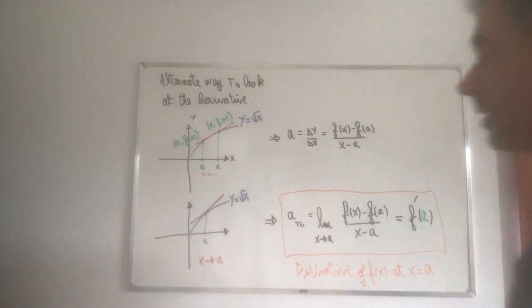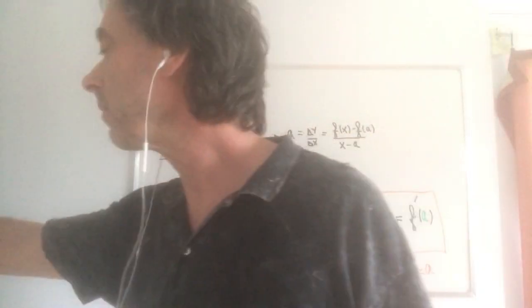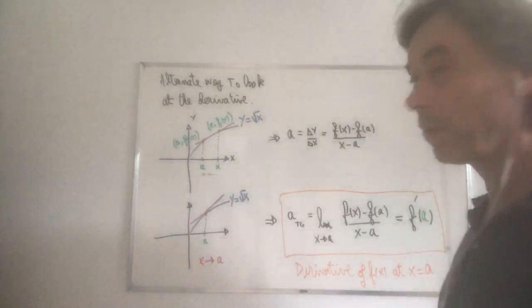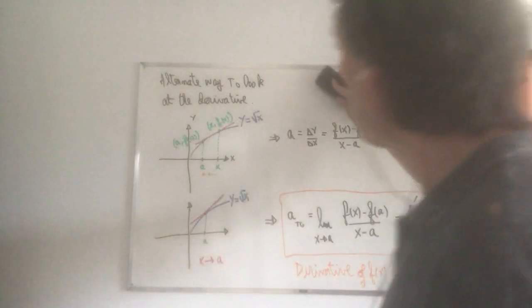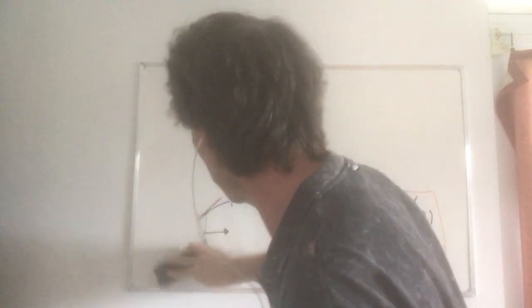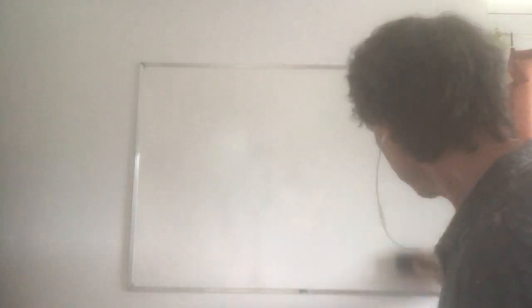Good. Let's show an example of how this formula works. But first we have to clear that very small whiteboard. All right. So what would that be? Example 4, I guess.